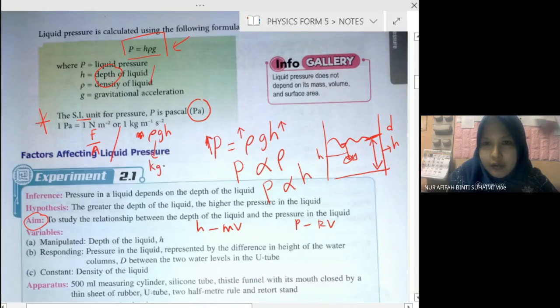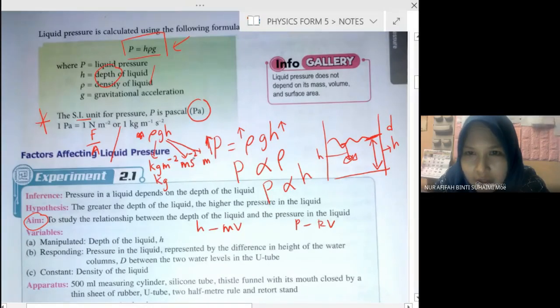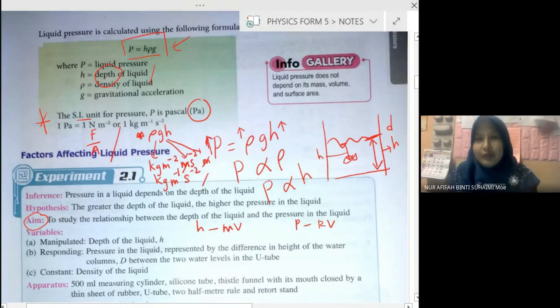Gravity G is meter per second squared, ms -2. And then H is meter. So from rho G H, the unit becomes kg, and the meters cancel out, becoming kg m -1 s -2. Can you follow this?